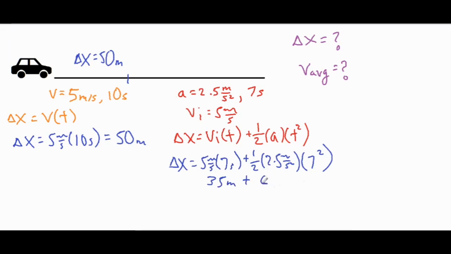We're going to get 61.25 meters. So if you sum those up, then we're going to have 96.25 meters as our total delta x for that portion.